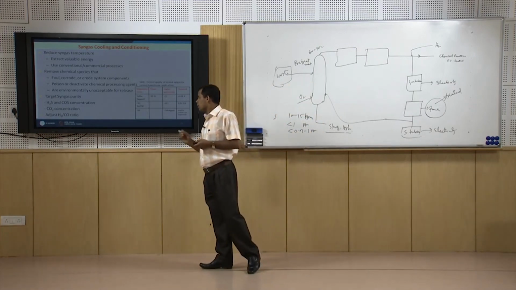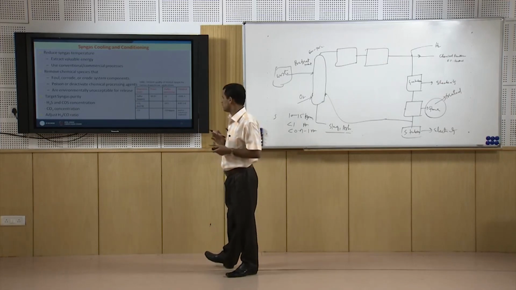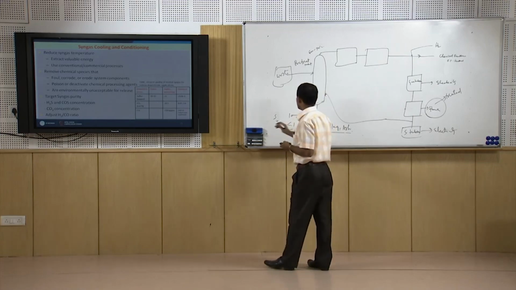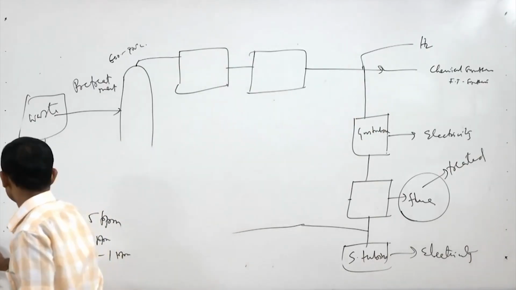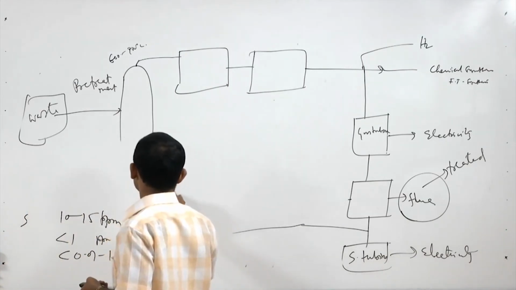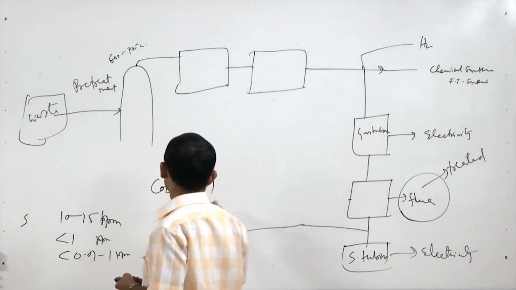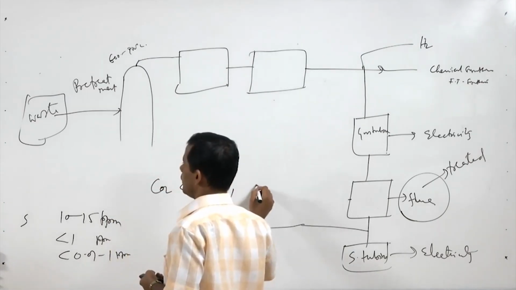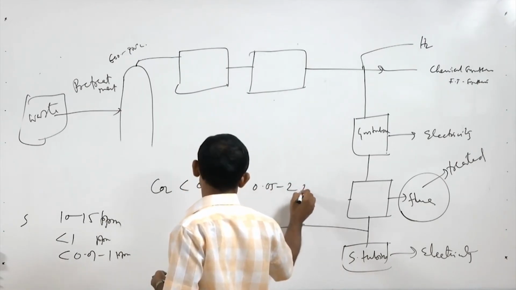But for carbon dioxide and carbon monoxide, for power application there is no limitation, it can have any value. For hydroprocessing the carbon dioxide should be less than 0.1%, and for chemical it will be within 0.05 to 2%.